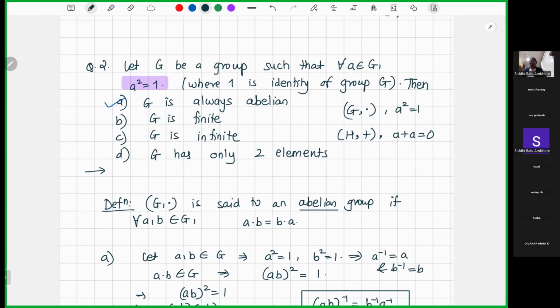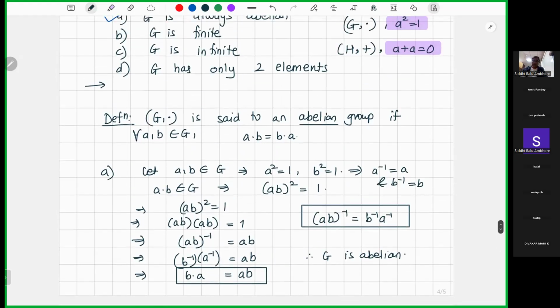That is what this condition signifies here. So if my group is with respect to multiplication, I can write A square to be 1. If it's with respect to addition, I will write A plus A to be 0. This 1 here is just representing the identity of my group.